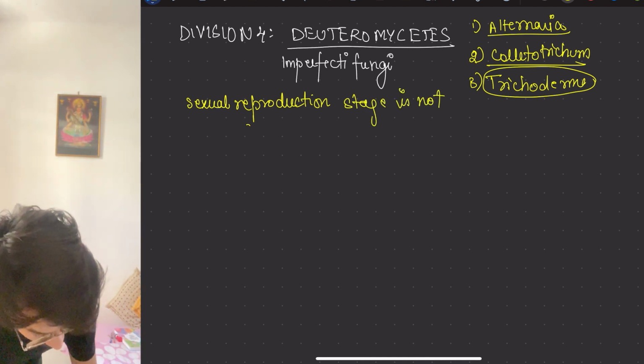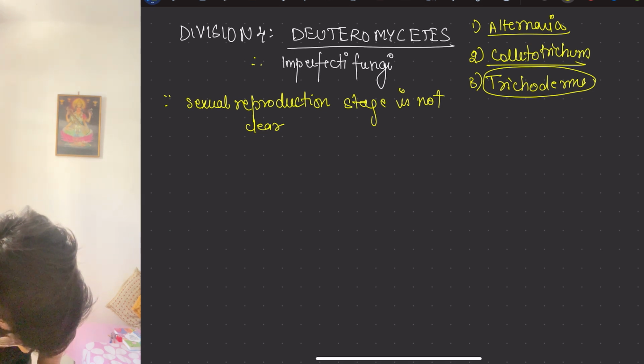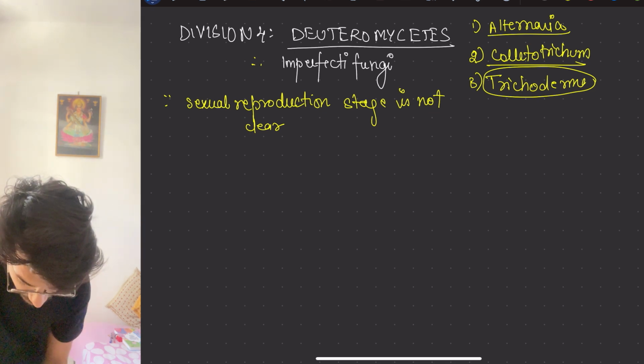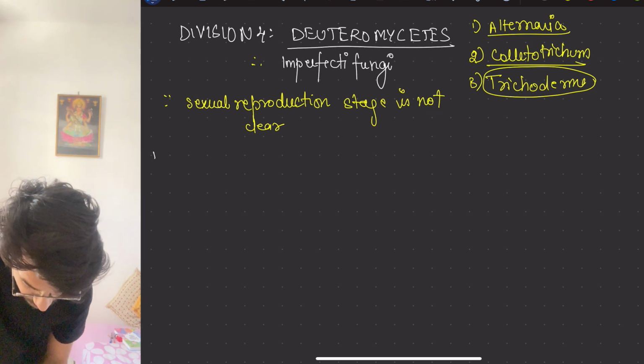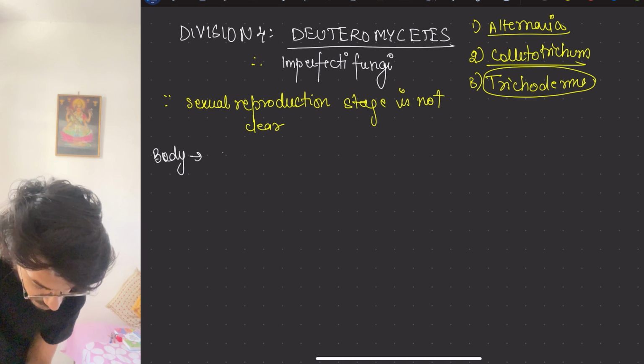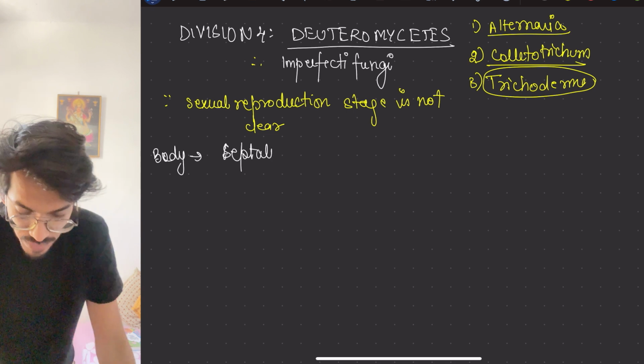Moving on, the next thing that we study is their body, the mycelium. I told you it is also the same: it is septate, coenocytic and branched. This thing you have to remember.